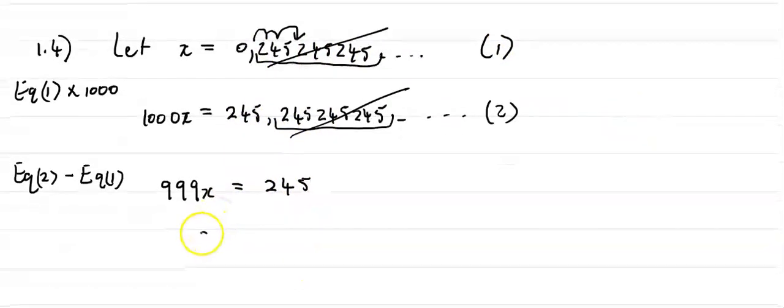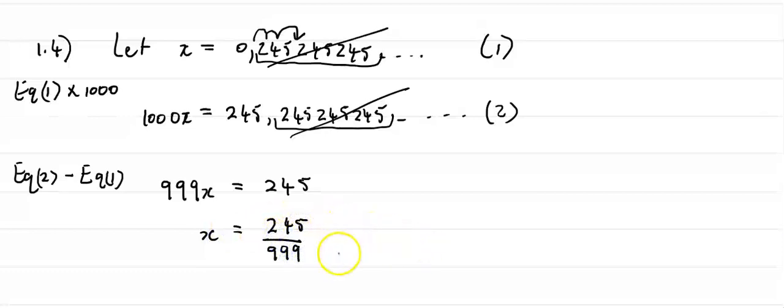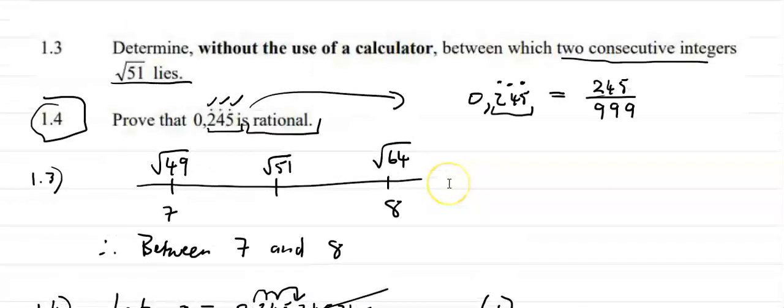So solving for x leaves us with x equals 245 over 999, and I already showed you that 245 over 999 is equal to 0,245 recurring.